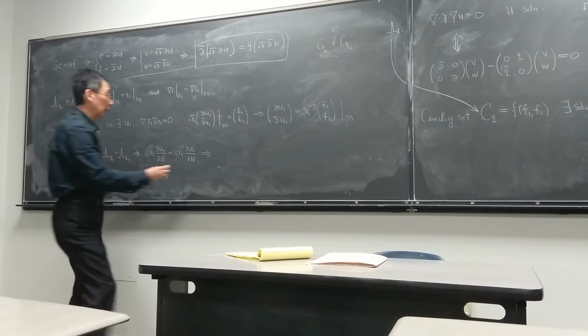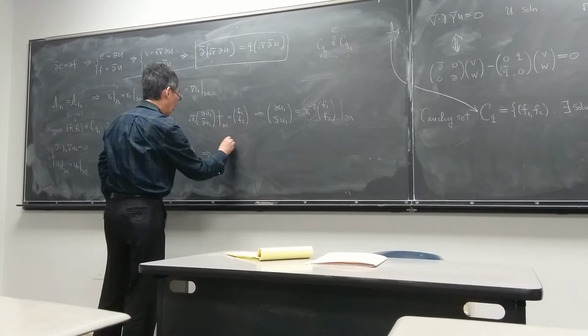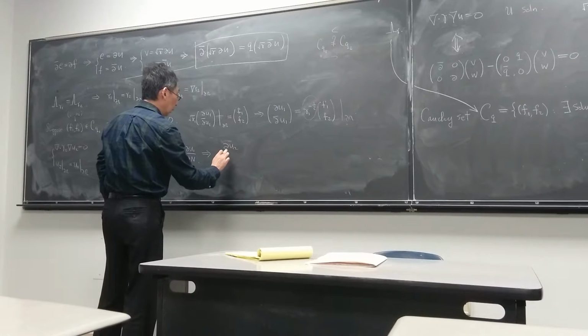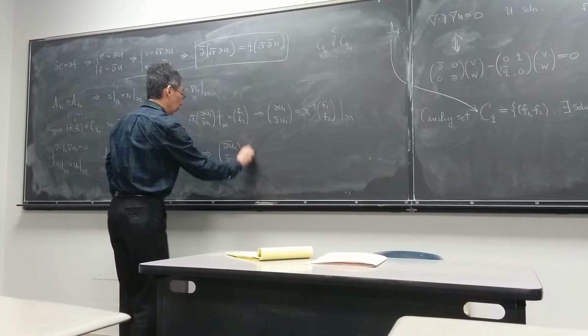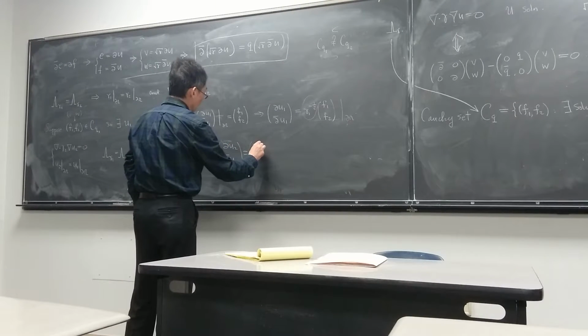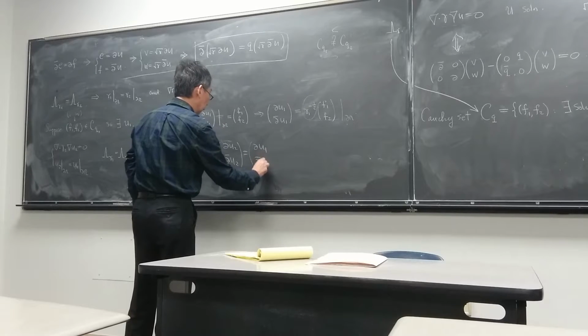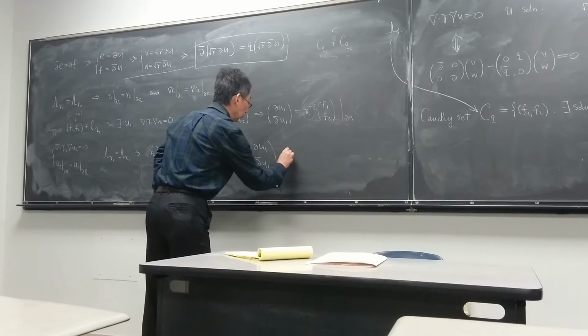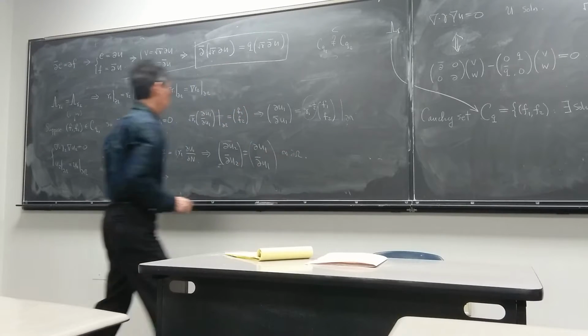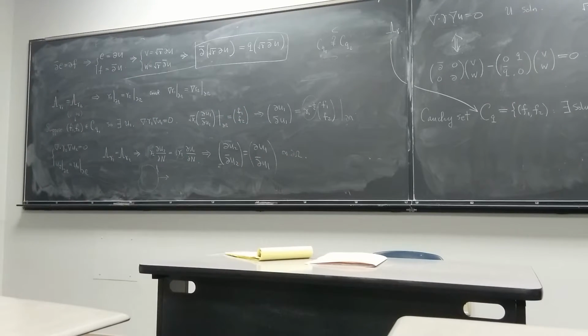So this implies that d bar u2 is equal to d bar u1 on the boundary. Right?